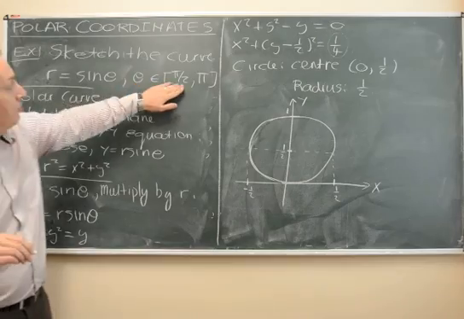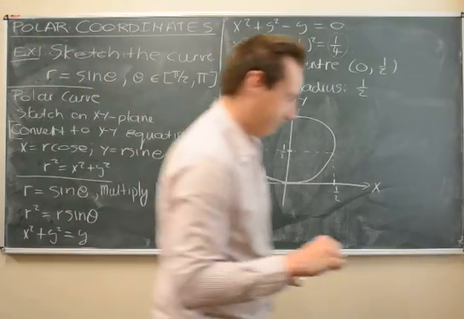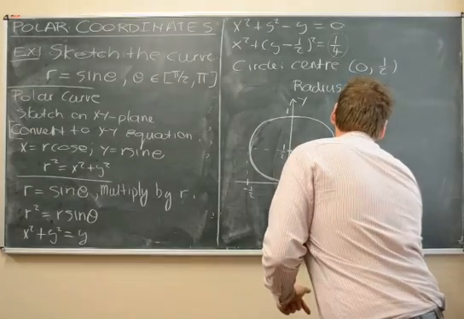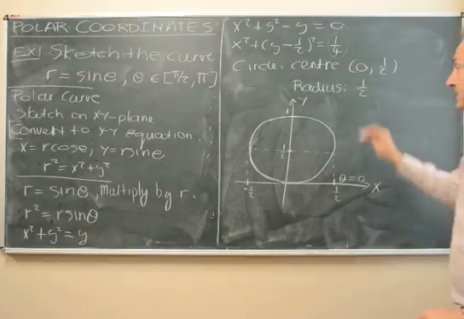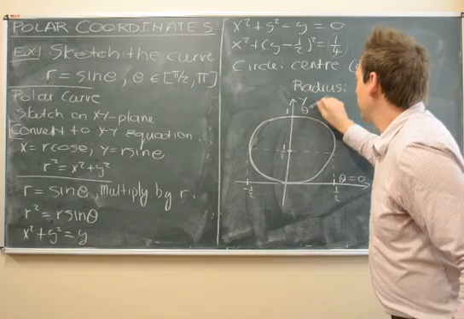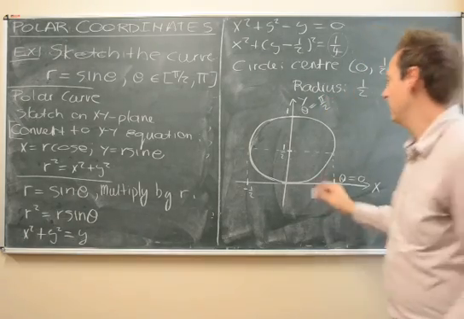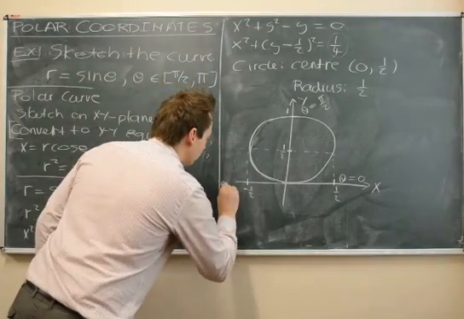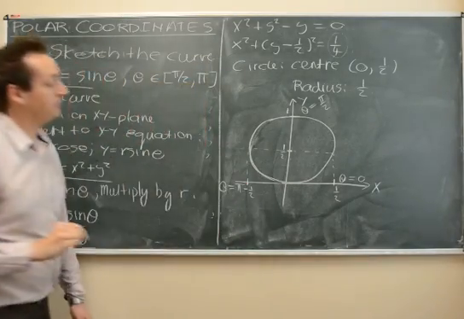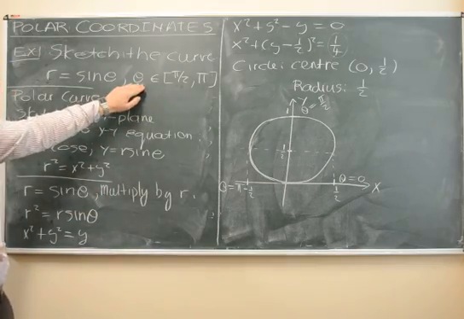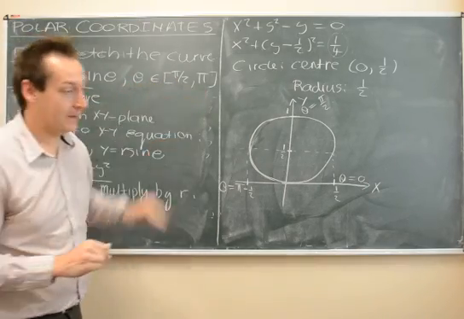Theta between pi over 2 and pi. So here's theta equals 0, positive x-axis. Theta equals pi over 2 over there. And down here, we have theta equals pi. And so we're only interested in what happens when theta is between pi over 2 and pi.